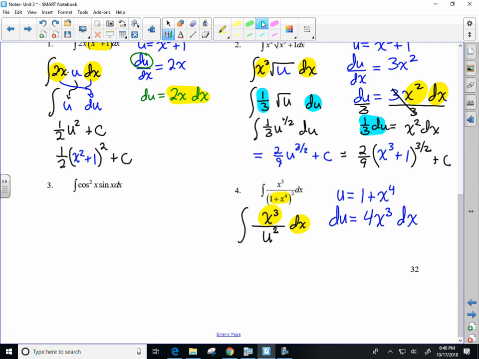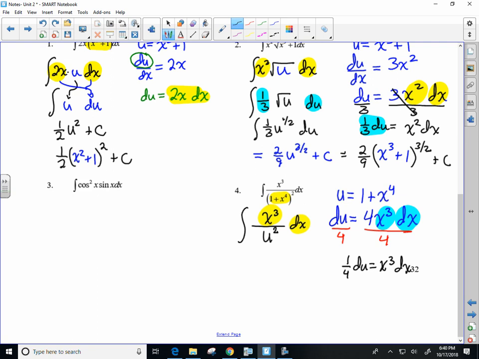We generally are going to have more than we need. So I have those, but I also have the 4. I don't need the 4 in order to match what I have in the integral. So I'm going to divide it out, and it's going to make it 1/4 du equals x cubed dx.